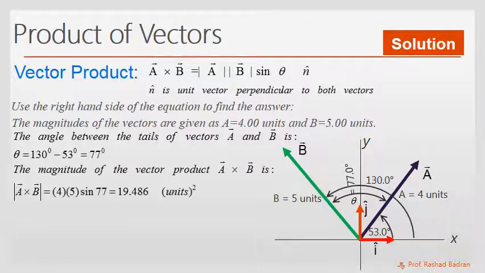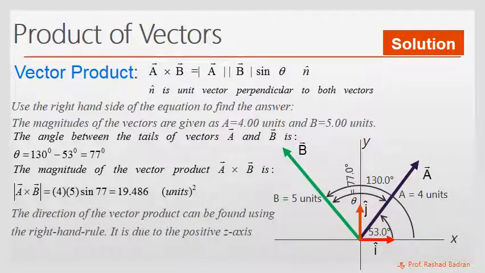Then the magnitude of the vector product is simply the product of the magnitudes times sine 77, and that is 19.48 units squared, which represents, as we said before, the area of the parallelogram spanned by the two vectors a and b.